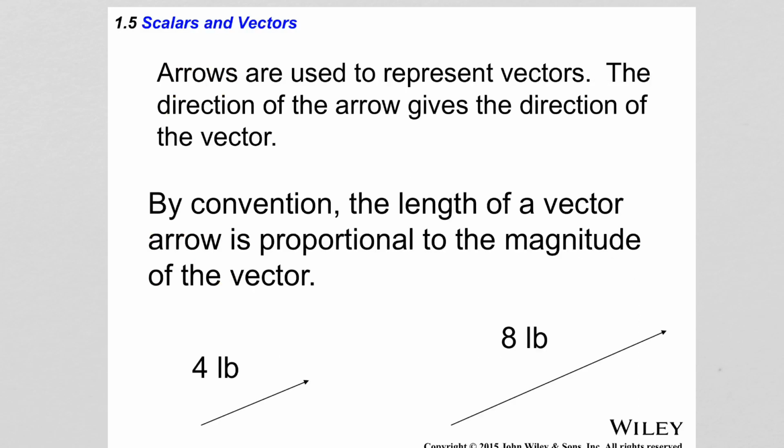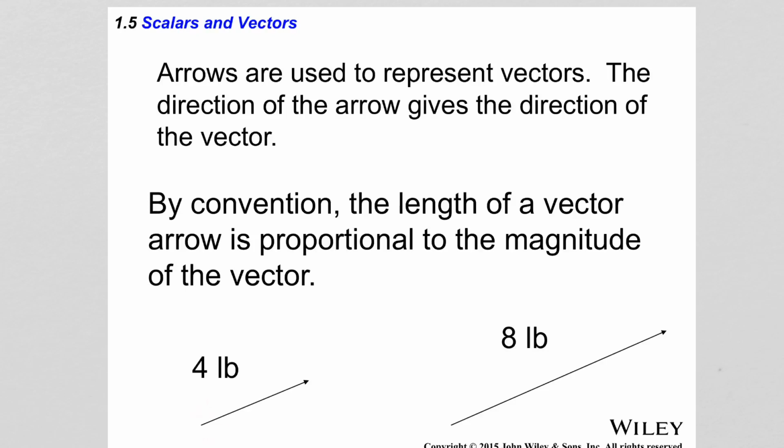So how do we represent vector quantities geometrically? Well, they are represented by an arrow. So we have a straight line, which can be scaled, and the length will be equal to the magnitude of that vector quantity. For example, we have a 4-pound force vector here, and then the arrow represents the direction in which the force acts.